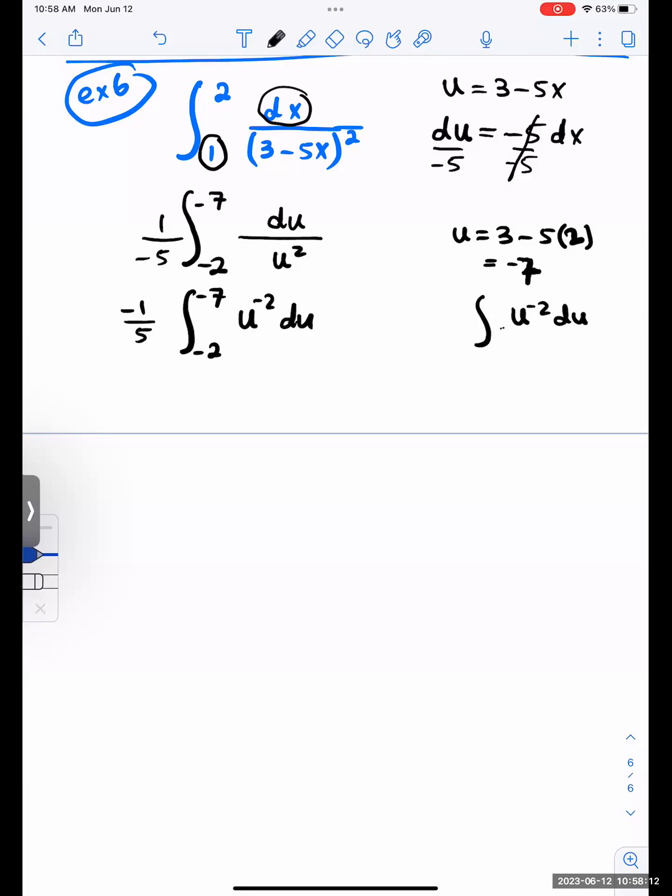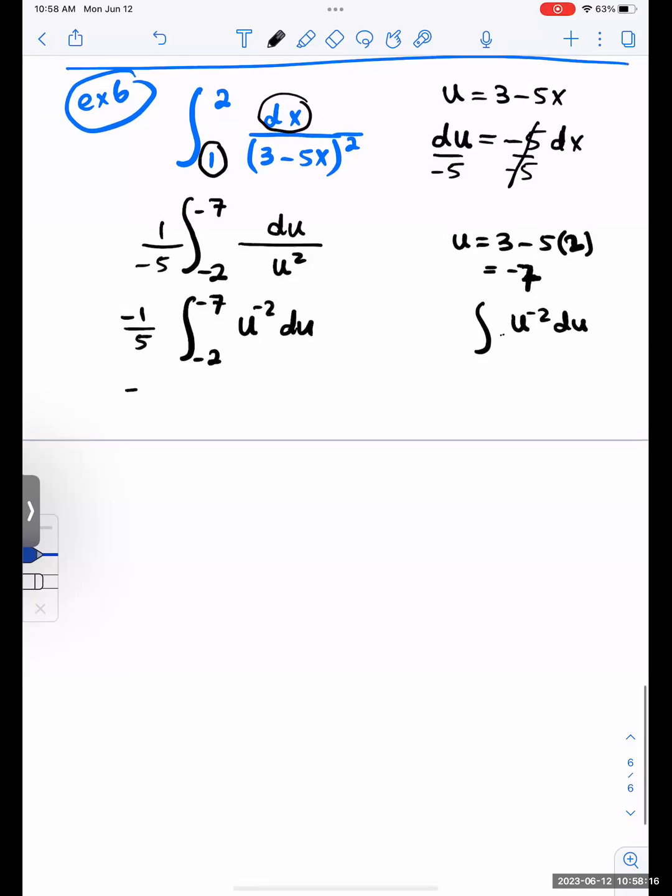So then you would add 1 to the power, so that's negative 1/5, adding 1 to the power, so that's u to the power negative 1 over negative 1, and then going from negative 2 to negative 7.